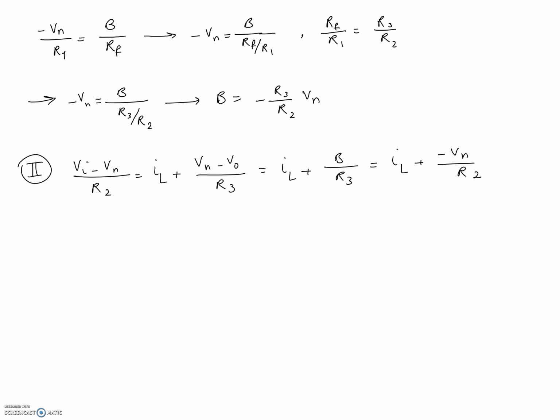From here, Vi divided by R2 is equal to IL, or in other words, IL divided by Vi is going to be equal to 1 over R2. So the gain value, or the value of output current divided by input voltage, is equal to 1 over R2, and it is independent of the value of the load resistor. So it acts like a current source.